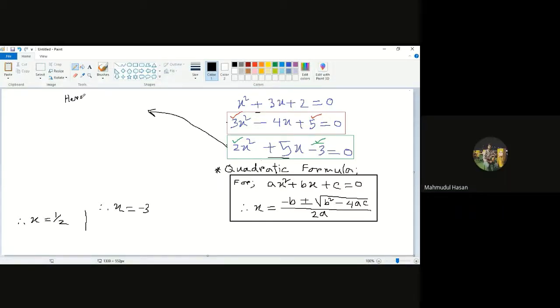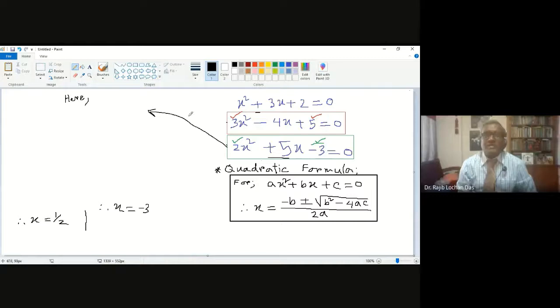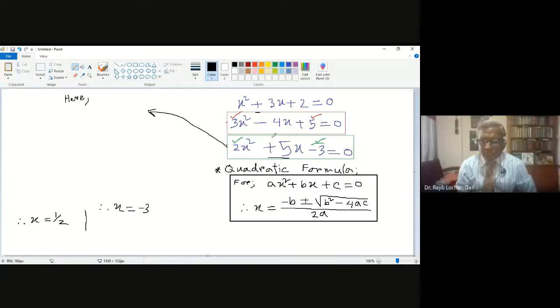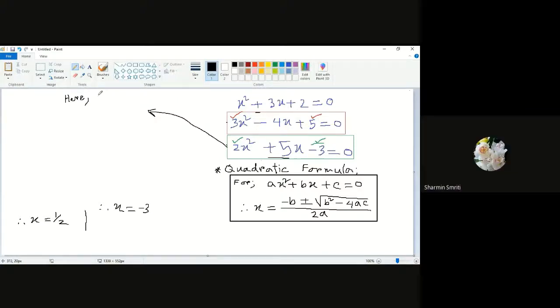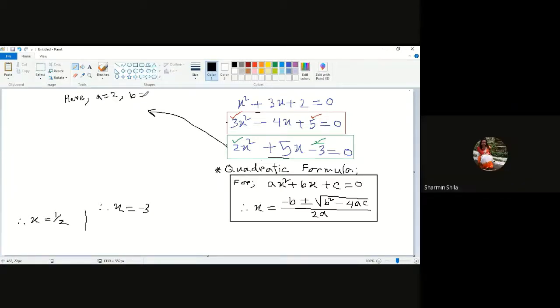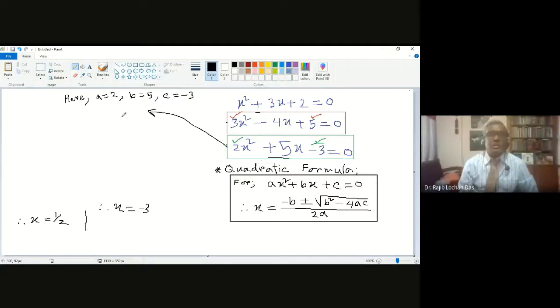I am talking about the green color one, the last one. A equal to 2, yes. Then B equal to 5, and C equal to minus 3. Correct. So these are the three things you already know.